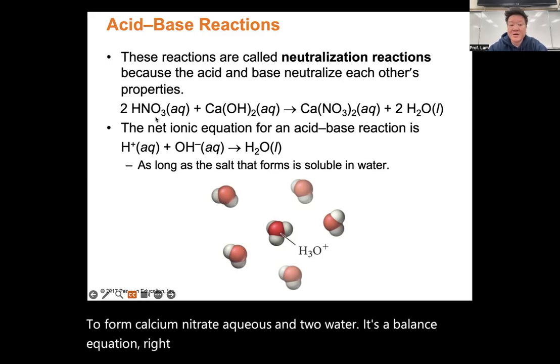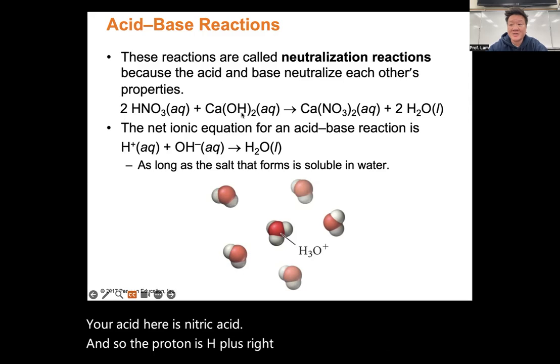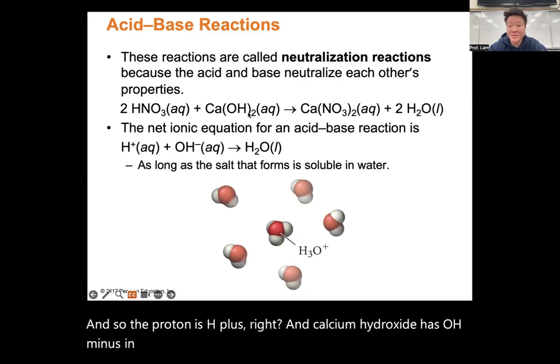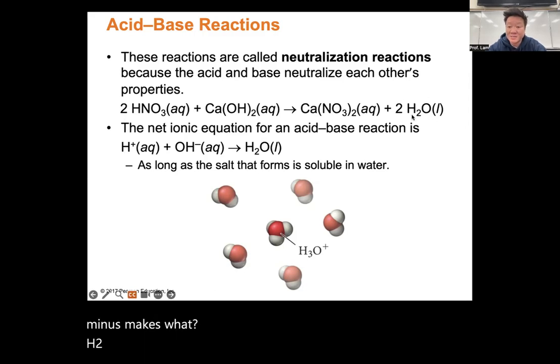So notice how that works. Your acid here is nitric acid, and so the proton is H plus, and calcium hydroxide has OH minus in it. So think about it: the H plus and the OH minus make what? H2O. And then what's the other couple?